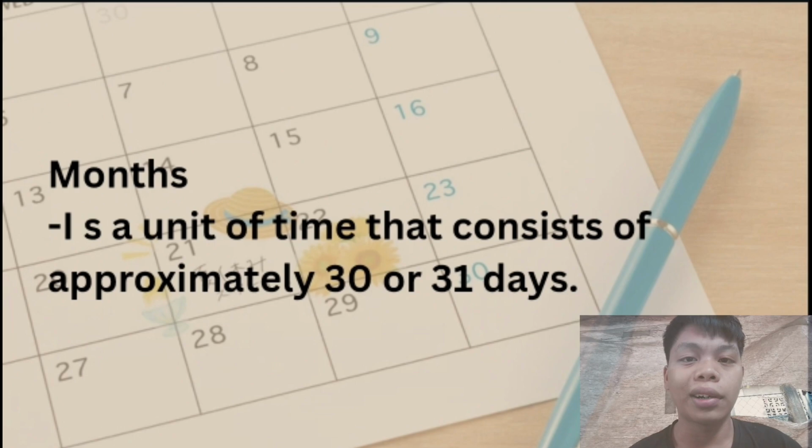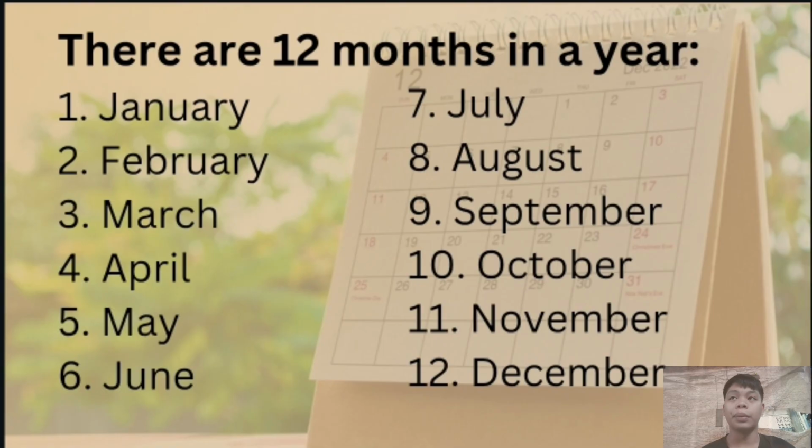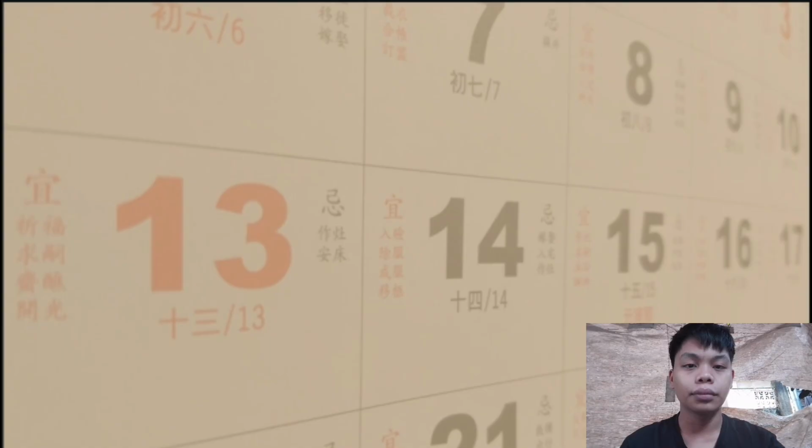It is a unit of time used in a calendar to divide the year into manageable periods, and in a year there are 12 months. So these are January, February, March, April, May, June, July, August, September, October, November, and December.